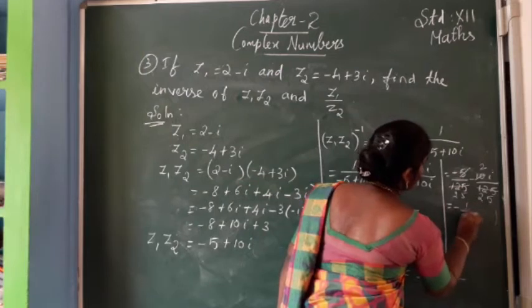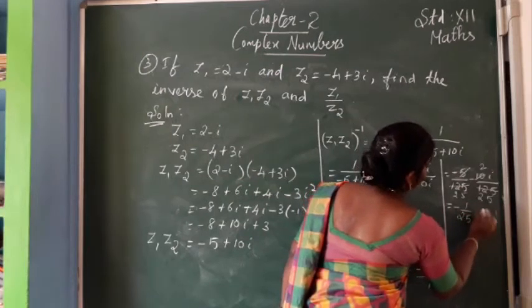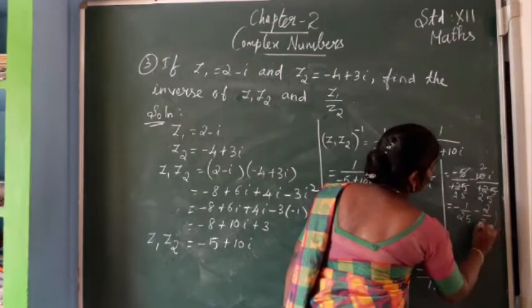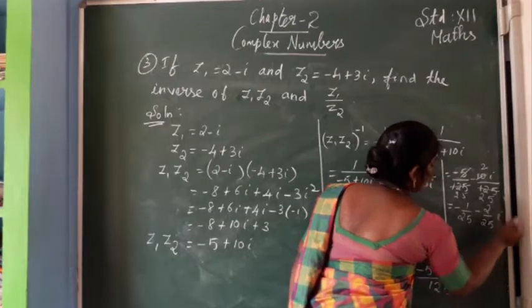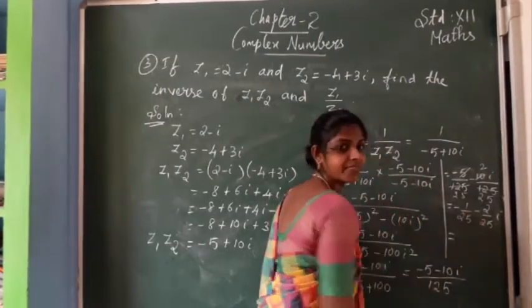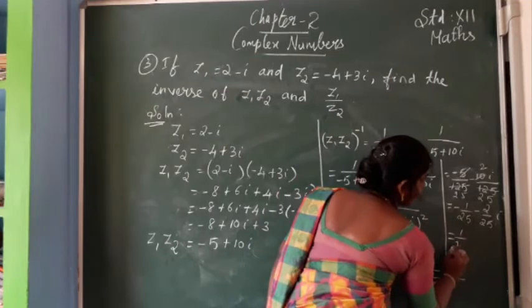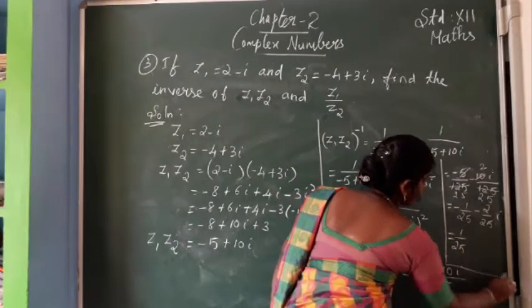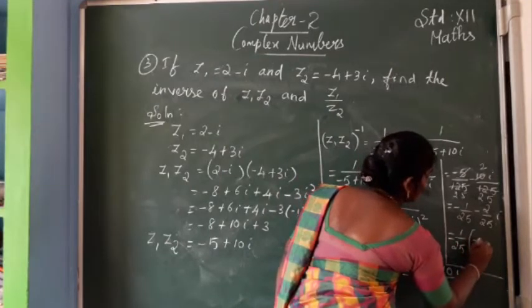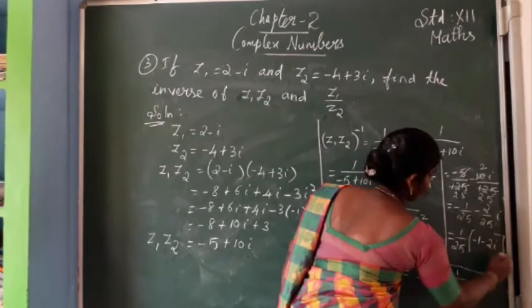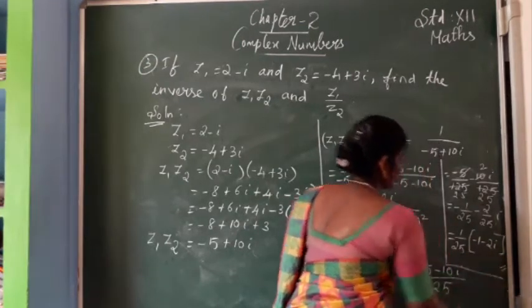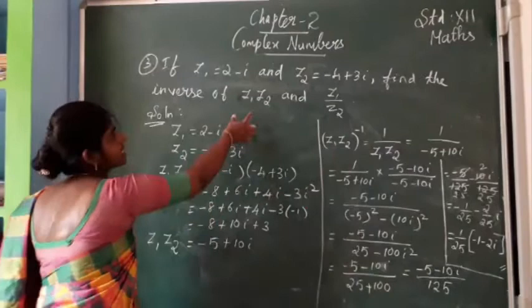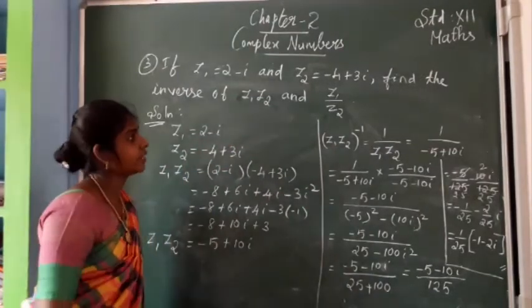So minus 1 by 25 minus 2 by 25 i. We can take 1 by 25 outside. So 1 by 25 into minus 1 minus 2i. So this is the answer for inverse of z1 into z2.